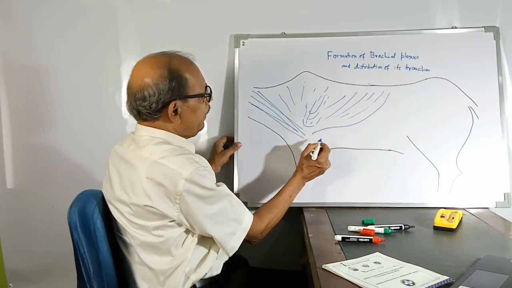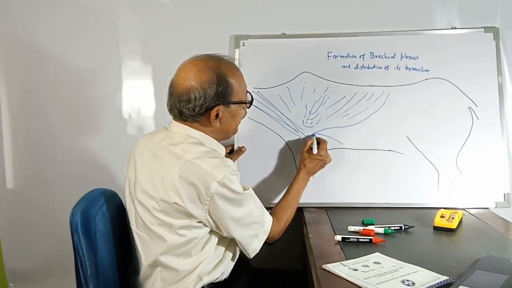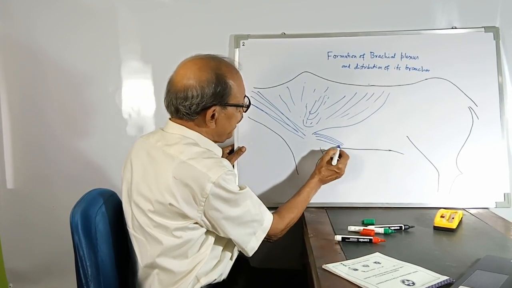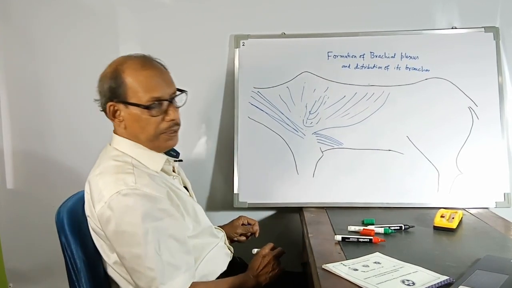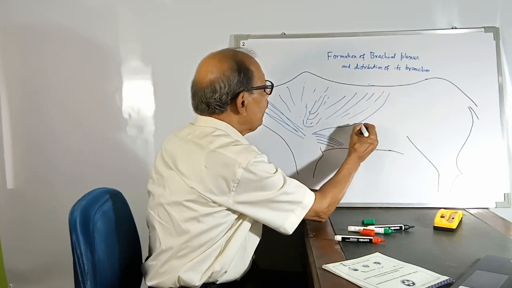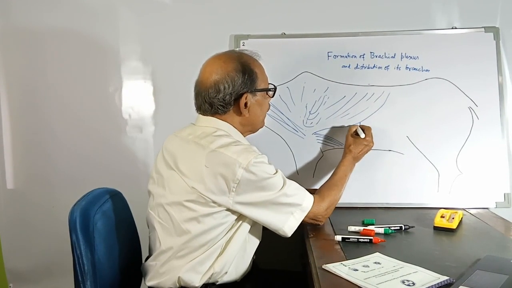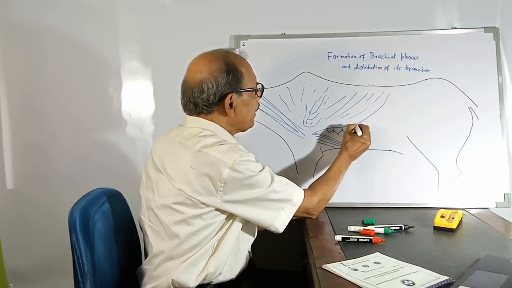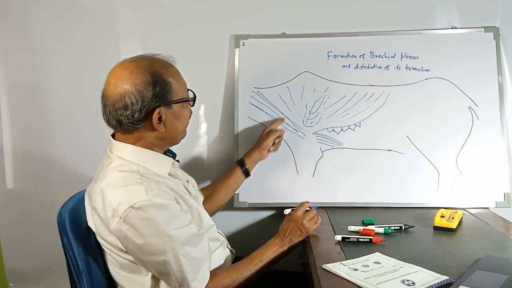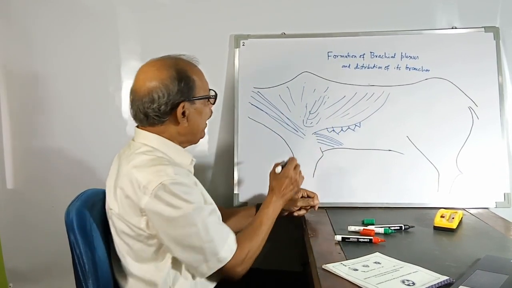And here at the ventral aspect of this thorax we will get this pectoral muscles, and here we will get serratus thoracis muscle. Here we will get the serratus cervicis muscles, and so on.